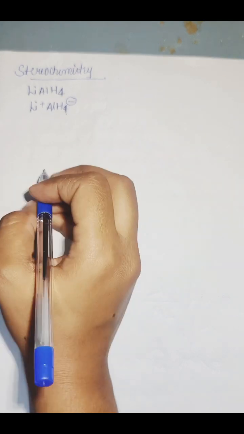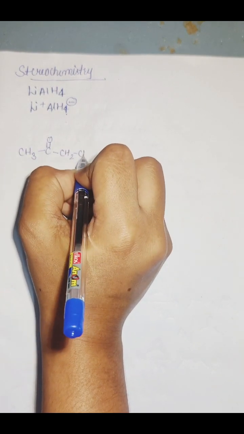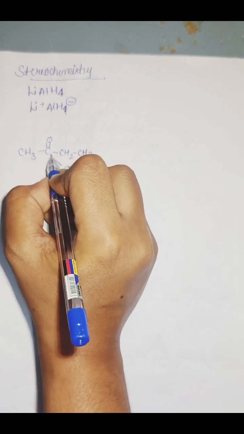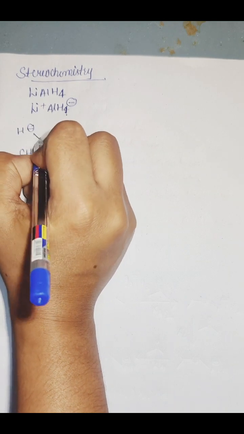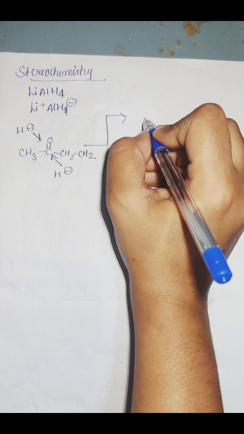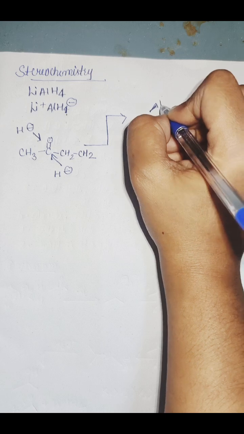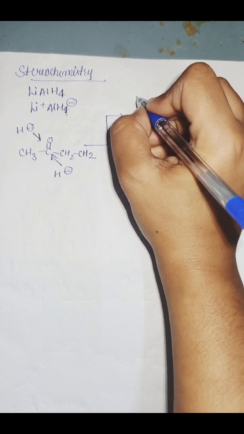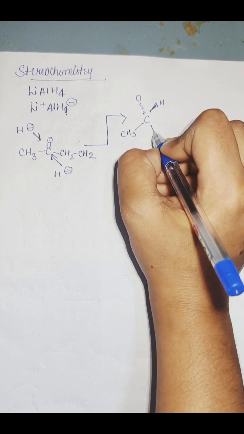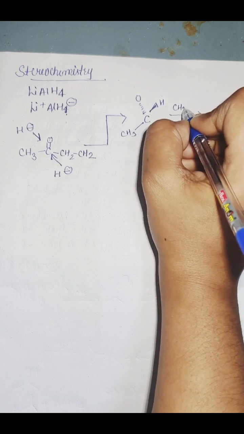Let's discuss an example: CH3, C=O, CH2, CH3. As the hydride ion is a donor, it can attack from the front side or from the back side. If it is attacked from the front side, then we get hydrogen on the front side and oxygen on the back side, with CH3 and CH2CH3.